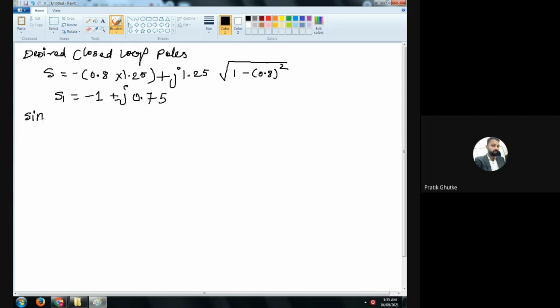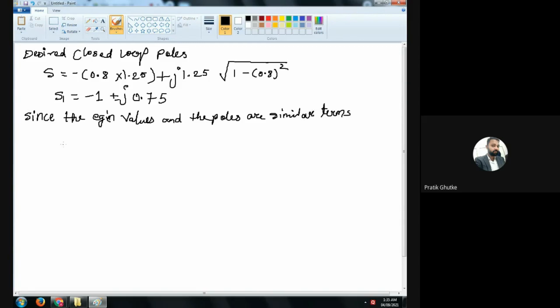Since the eigenvalues and poles are similar terms.